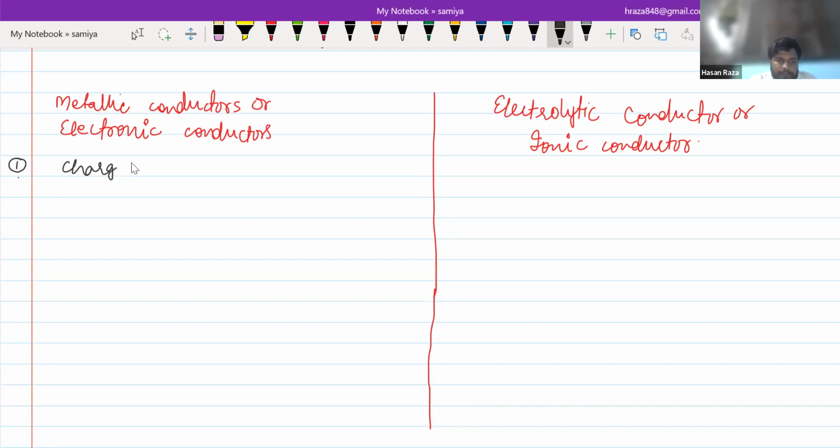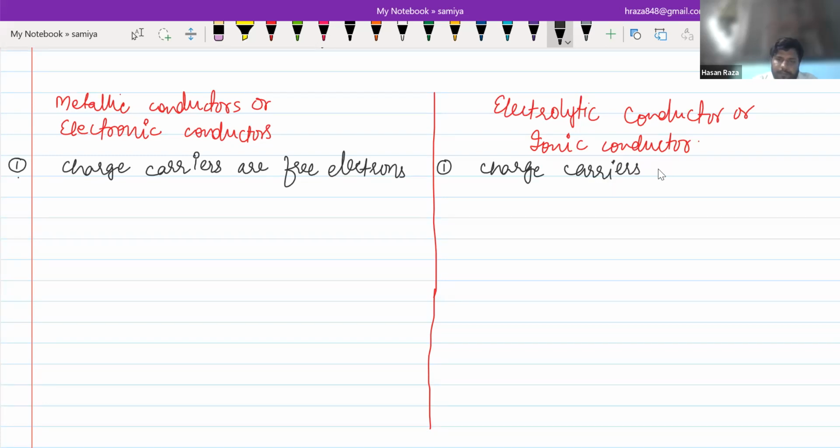Charge carriers are free electrons. And here we can write, charge carriers are free ions.